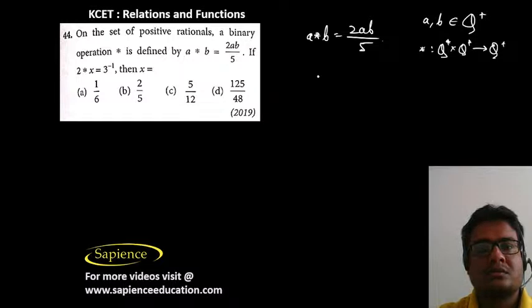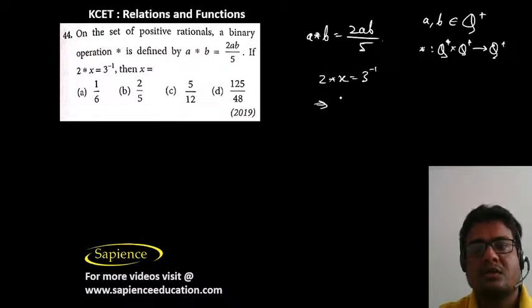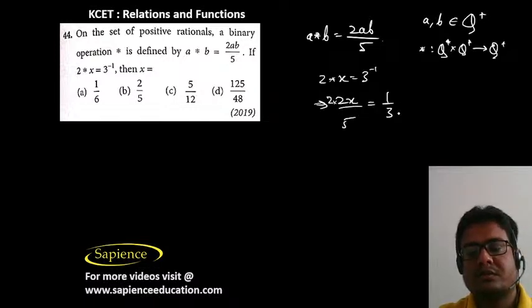Now if 2 star x is equal to 3 inverse, 3 inverse meaning 1 by 3, then what is x? It means 2 into 2x by 5 is equal to 1 by 3. Therefore x will be equal to 5 by 12.